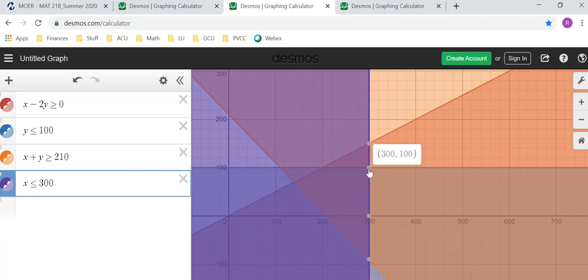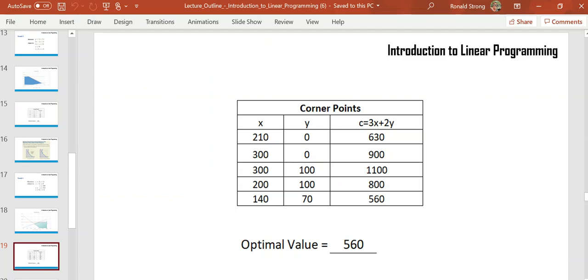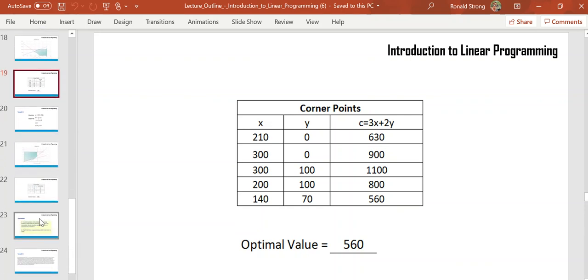So if your optimal value occurs at an artificial boundary point, which this one does, then the answer is that there is no answer. That's also explained in my notes. Make sure that you read that over. It's important to remember that if your optimal value occurs at an artificial boundary point, something that you created, then in reality there is no solution.